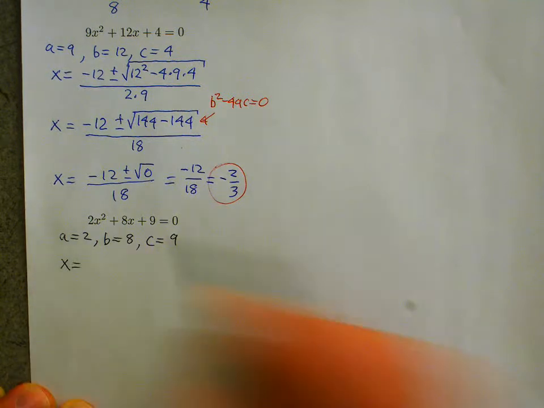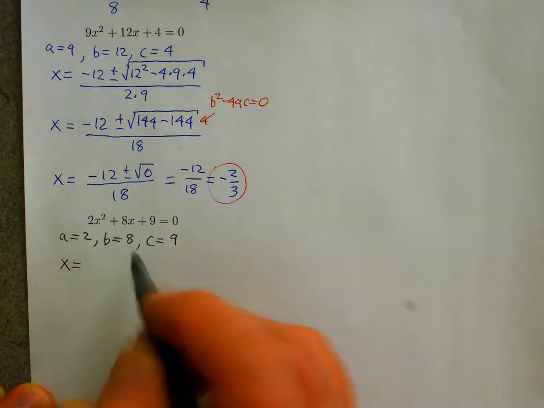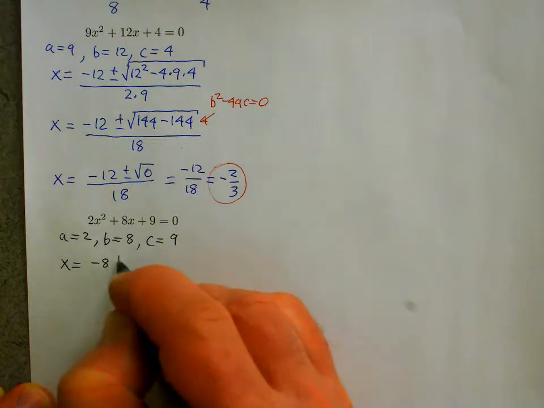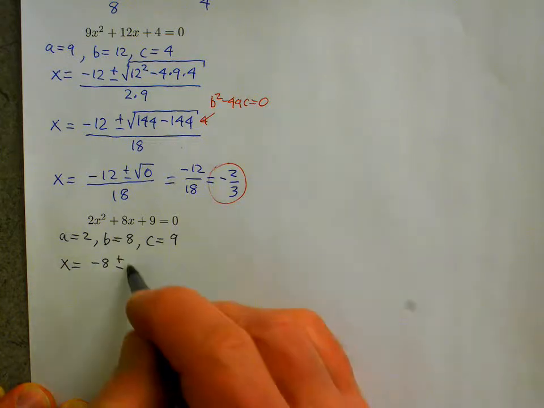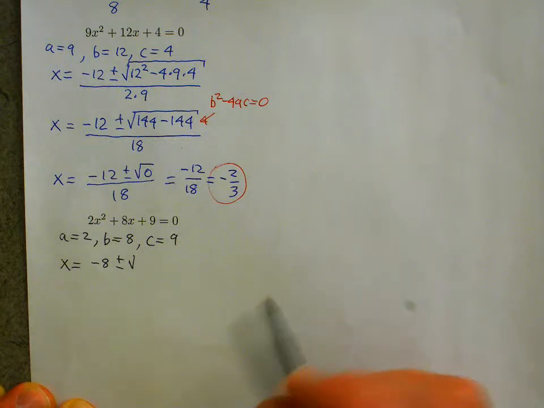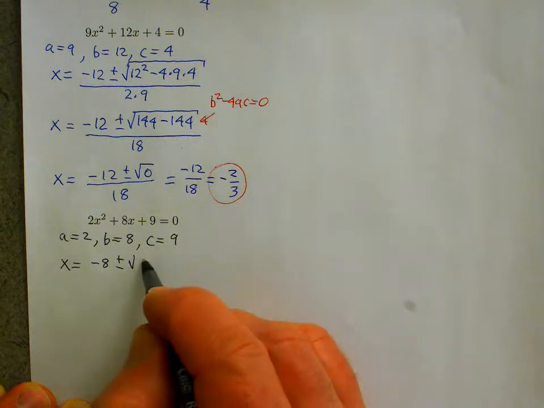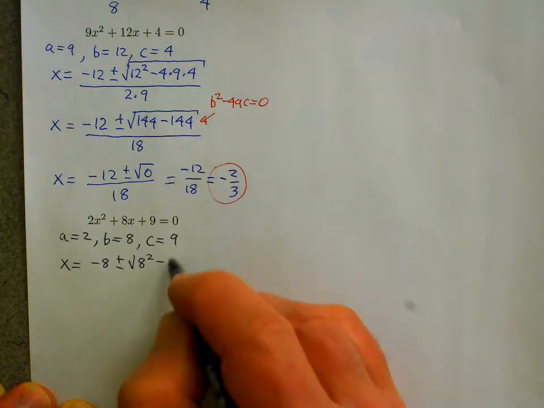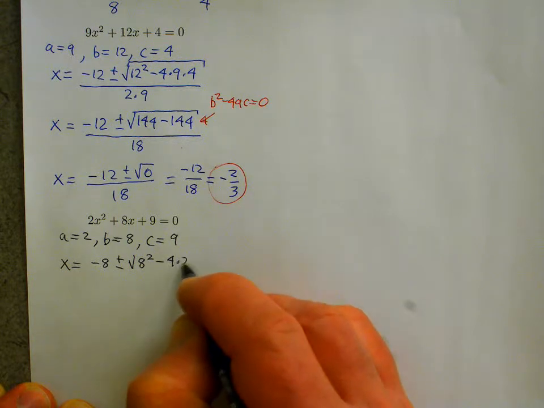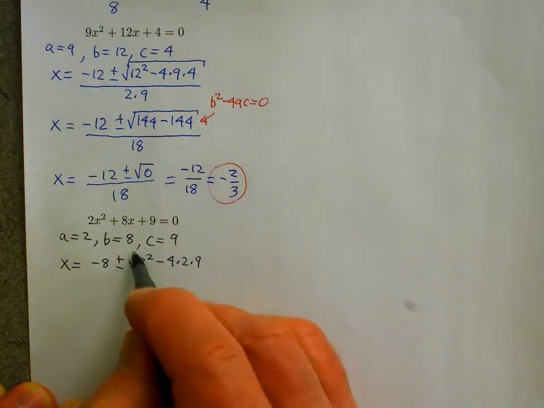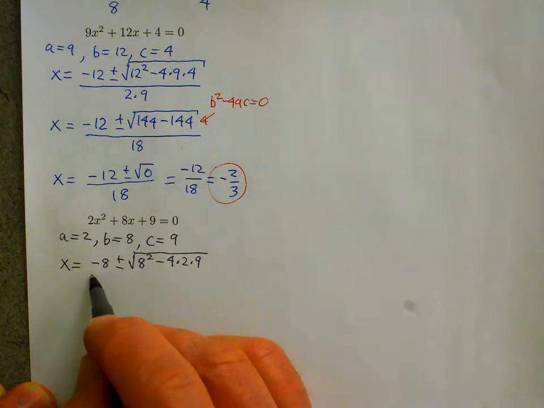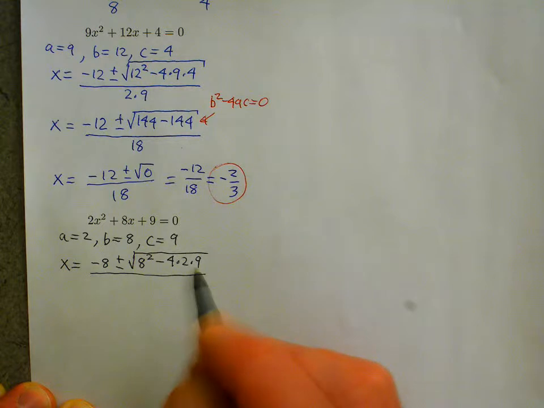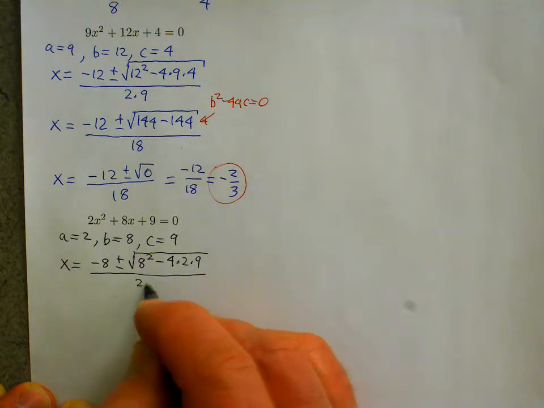So x equals negative b. b is 8, so negative 8 plus and minus the square root of b to the second minus 4ac. So in this case, it's the square root of 8 to the second minus 4 times 2 times 9, all divided by 2 times a, or 2 times 2.